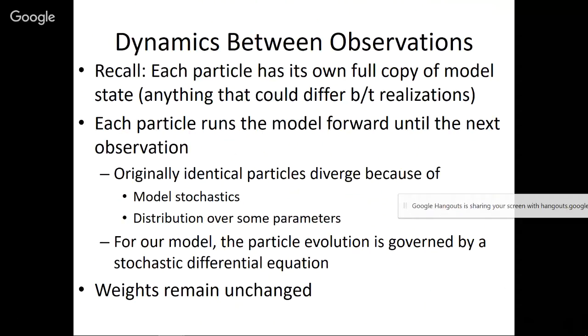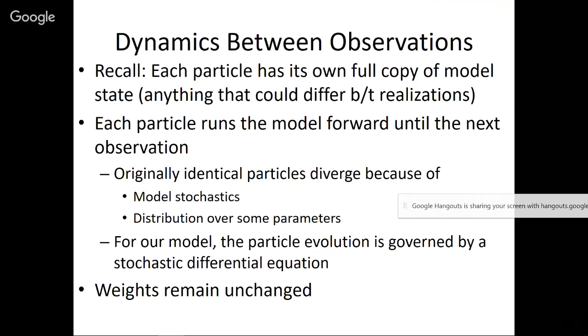If we have a model that's purely deterministic, ladies and gentlemen, if we were to see particles that initially have the same value, they'll retain the same value from then on. There's no uncertainty in the hypotheses, and performing particle filtering is not going to be that interesting within this context.